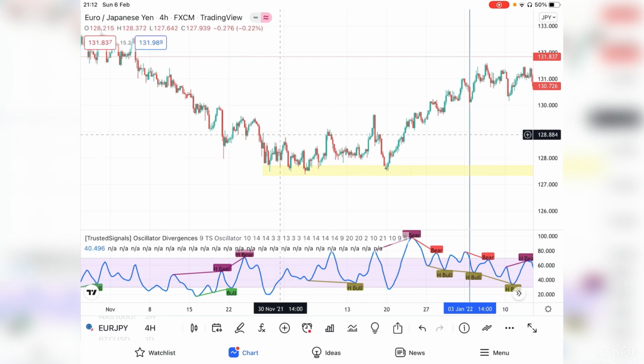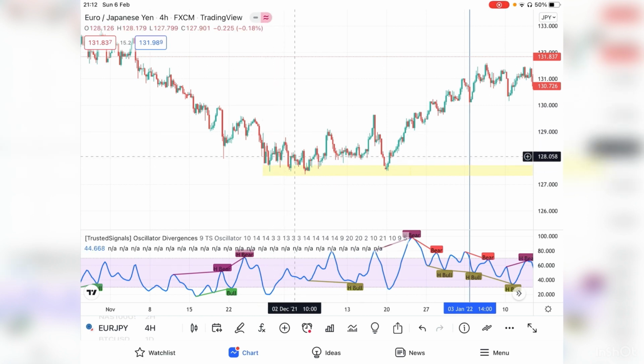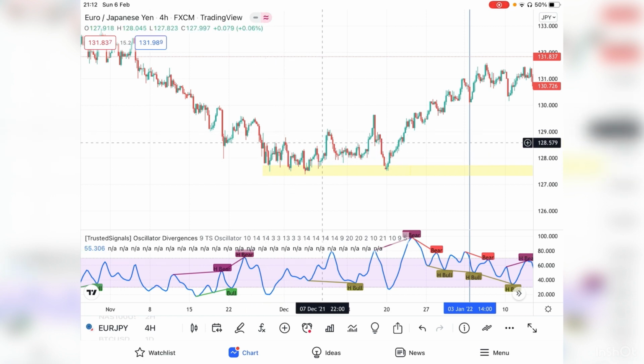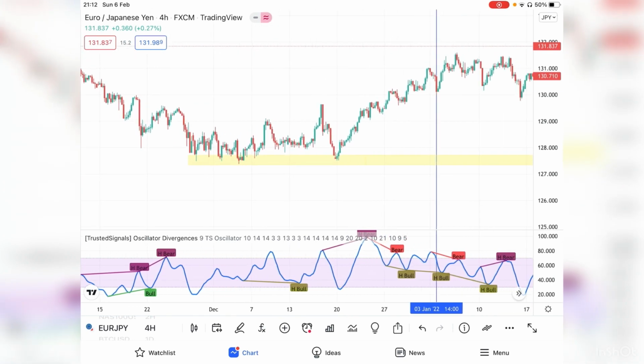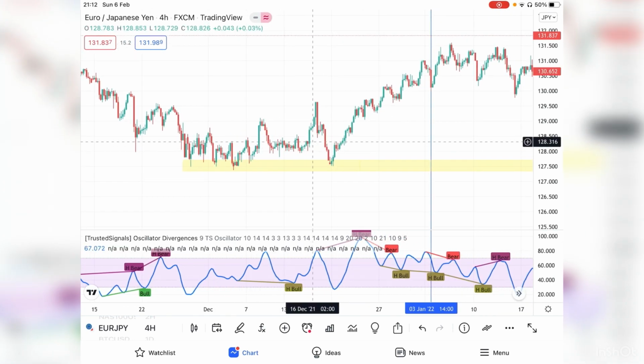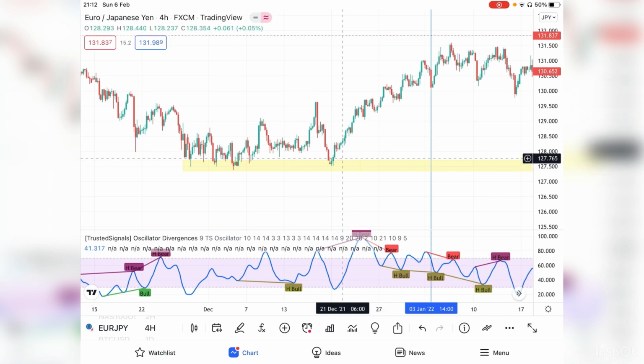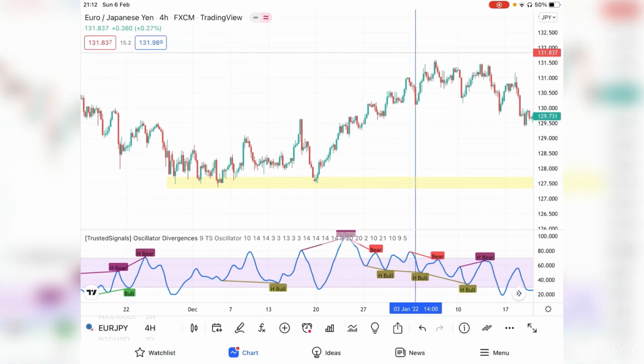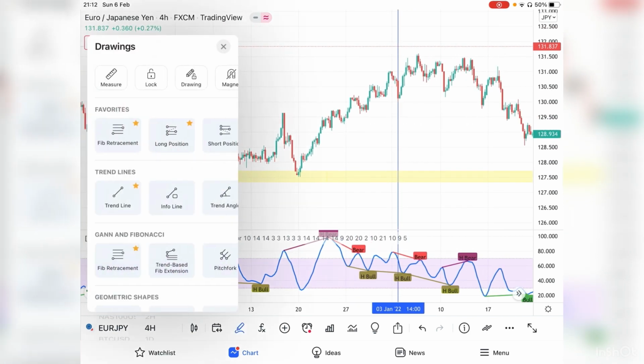As you can see, there was a lot of consolidation around this area, creating a consolidation range. And then EJ started to look bullish, more and more powerful. Look at this bullish momentum right here to the upside. And yeah, EJ started to create a bullish structure.